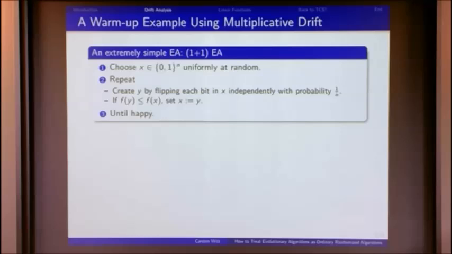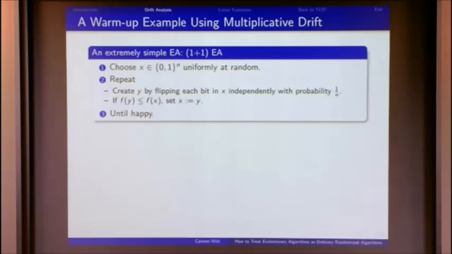The algorithm is extremely simplified. It's a (1+1) EA, which starts off with a uniform solution. The space is bit strings, and you have to minimize a function mapping a bit string to a number. The function is called f, a pseudo-Boolean function. Only one individual, and mutation and selection go as follows.